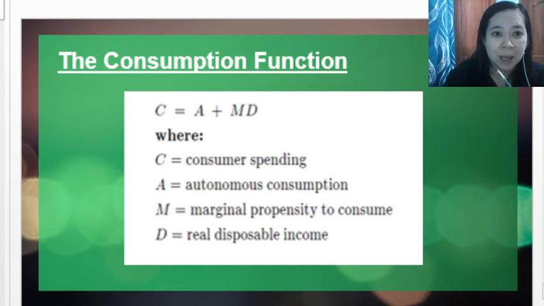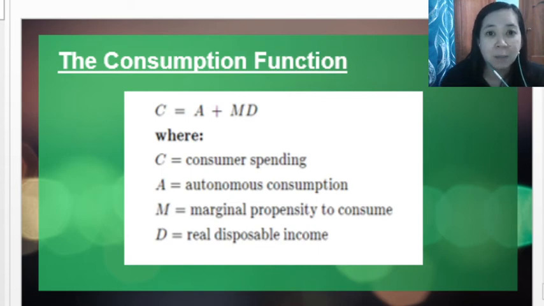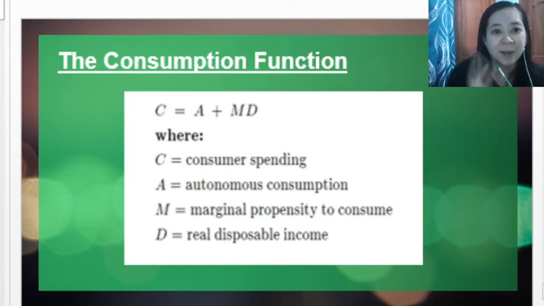Meaning to say, real disposable income is what the individual actually takes home as pay from any sources, may it be from employment, business, or other sources of income. So this is real disposable income.